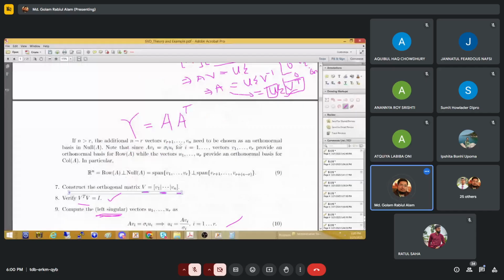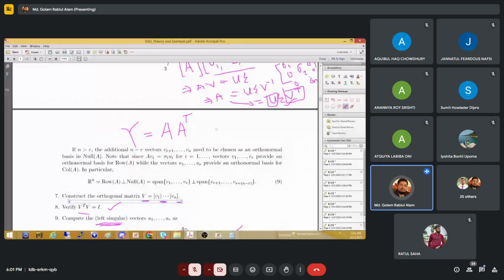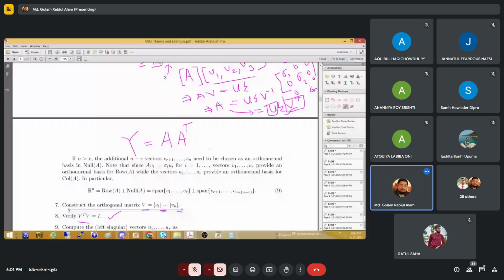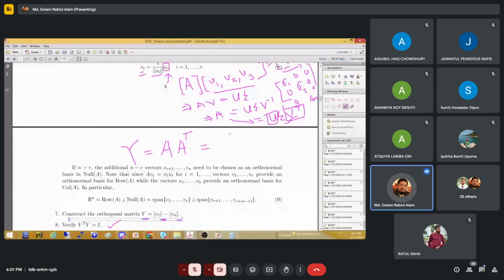Because we have the explanation. We know that A is U sigma V transpose. Then A transpose is the transpose of U sigma V transpose.